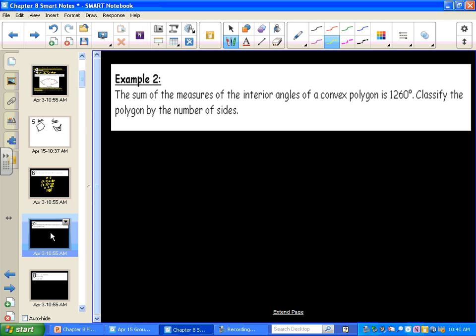Okay, looking at example 2. Example 2 says the sum of the measures of the interior angles of a convex polygon is 1,260 degrees. Classify the polygon by the number of sides. So, what do you have to find in this one? The number of sides. So we're trying to find n. And what do they give you?